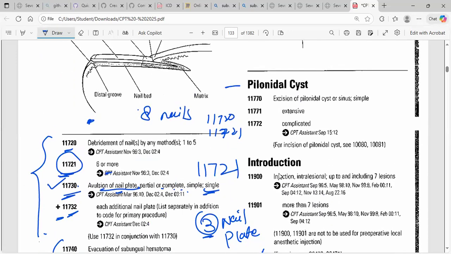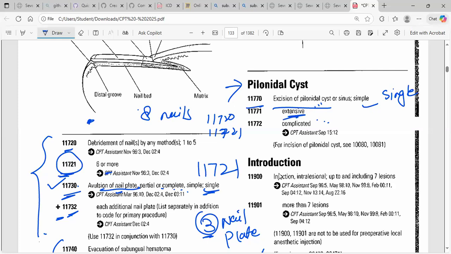So after the nail, we have a section, pilonidal cyst. We are going to use a code from the series of pilonidal cyst, where the excision of pilonidal cyst is done, whenever the patient is coming for the excision of a pilonidal cyst. We have three different types of excisions. Simple: when the cyst has been removed with a single excision, then we are going to consider 11770.